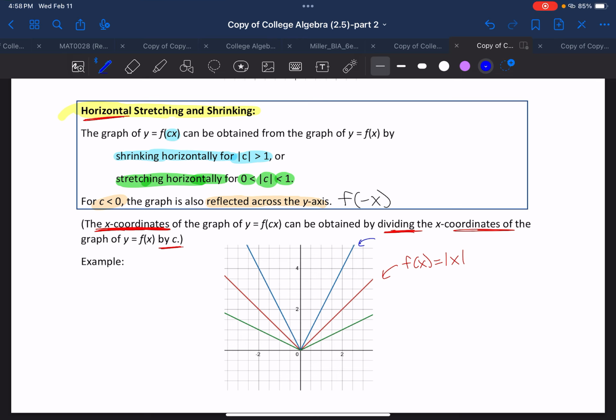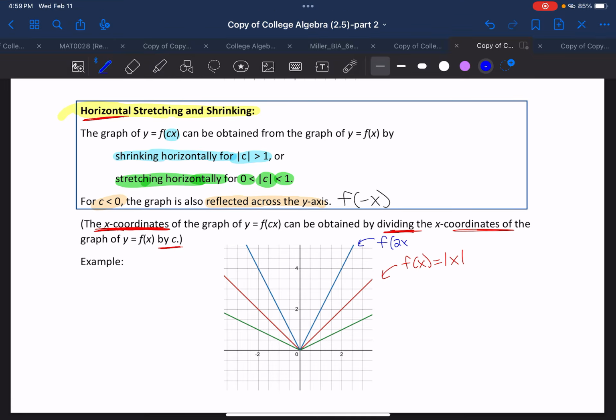And it's being shrunk horizontally, again, by a factor of 2. And so this would be f of 2 times x, which is equal to the absolute value of 2x.